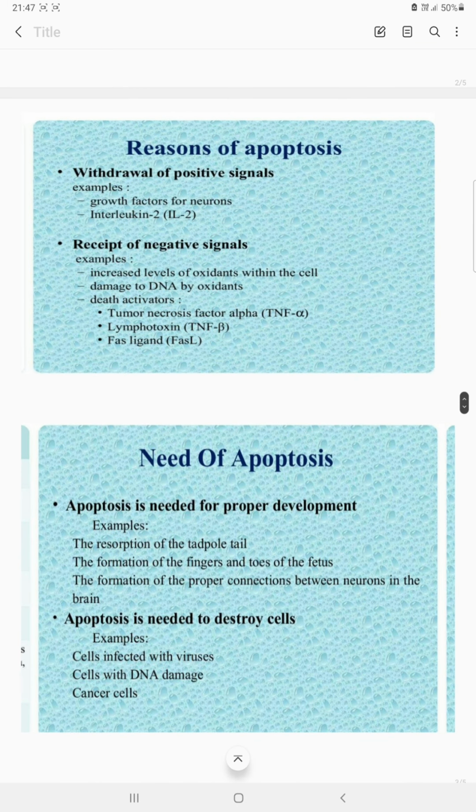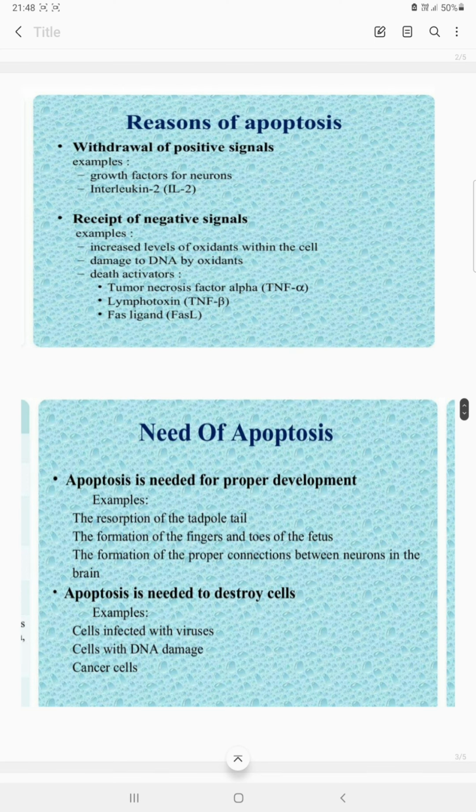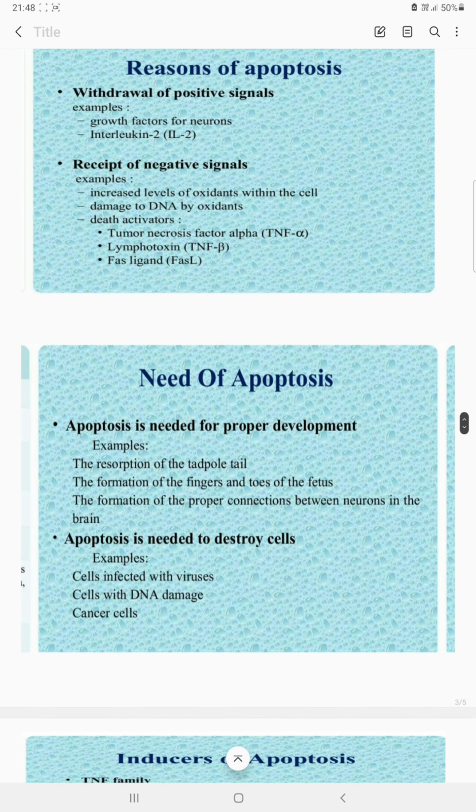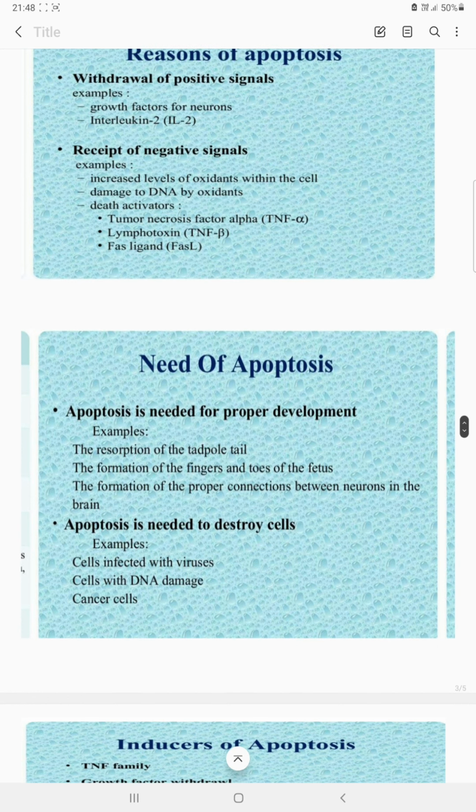The reasons for apoptosis: withdrawal of positive signals. Examples are growth factors for the neuron and interleukin 2. The other type is receipt of negative signals. Examples: the increased level of oxidants within the cells; second, damage to the DNA by oxidants; the third is death activators like tumor necrosis factor alpha, TNF alpha.